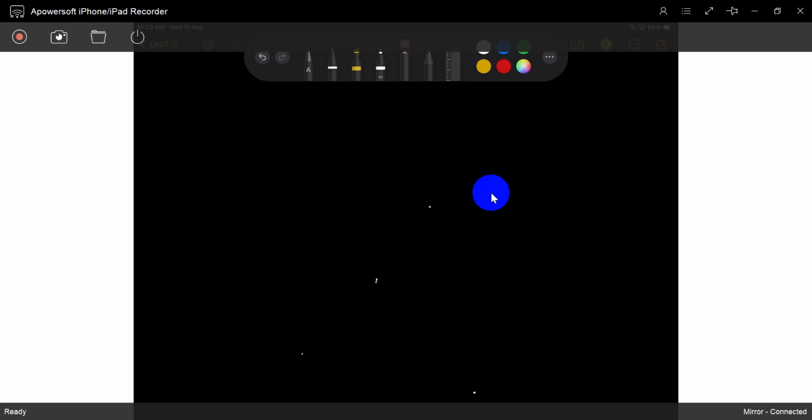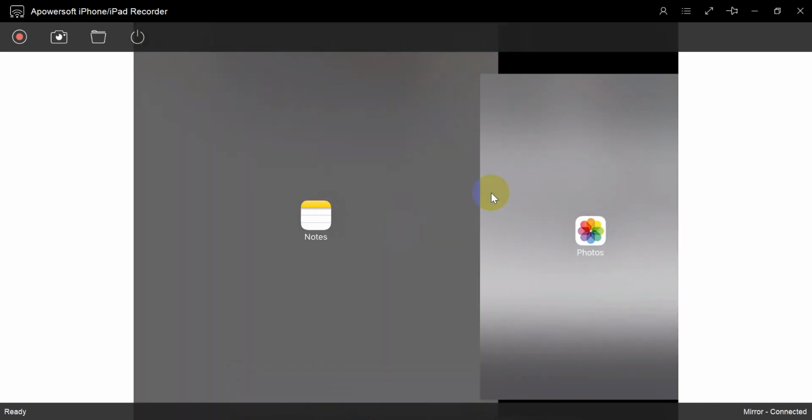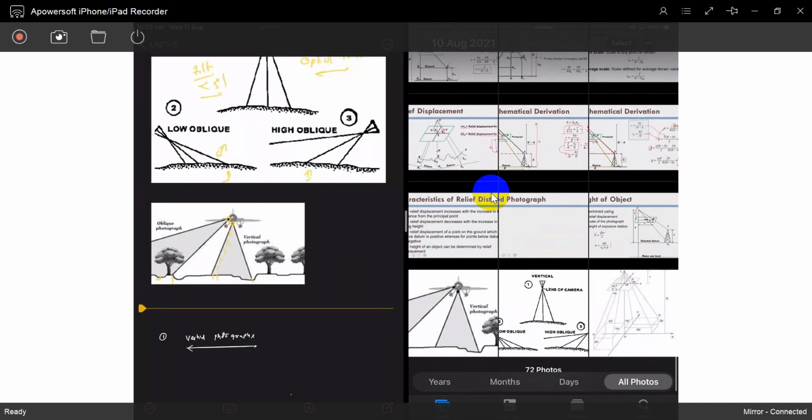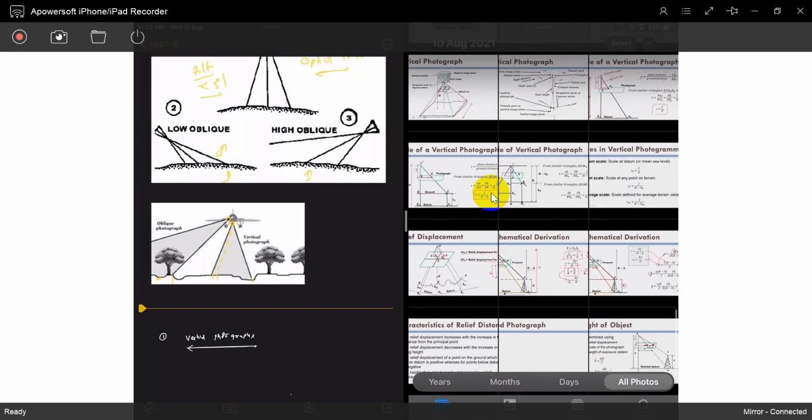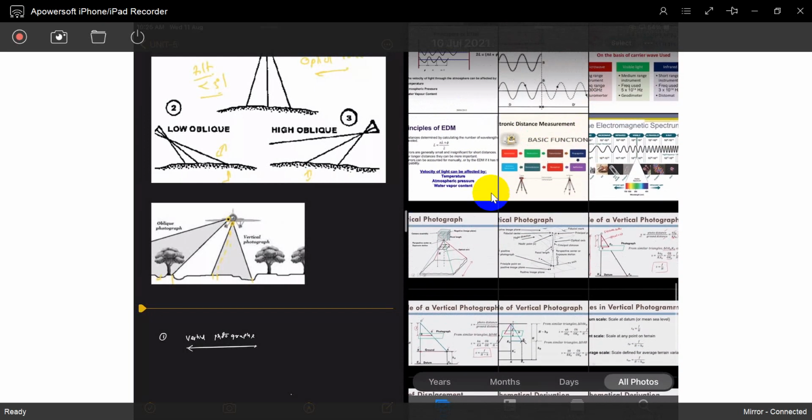I'm poor in drawing. It's okay, no problem. We'll shift the diagrams. We can shift the diagrams. How can we shift it?